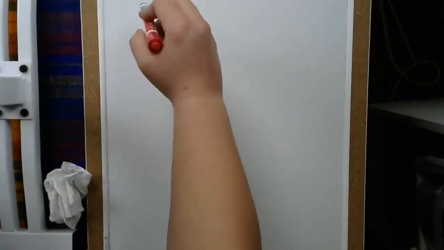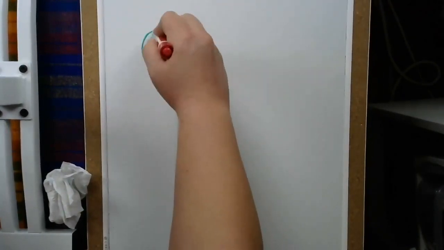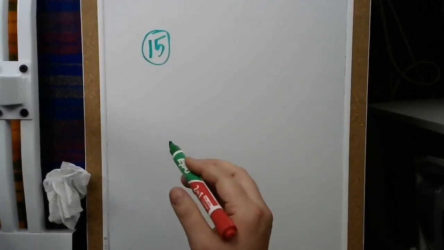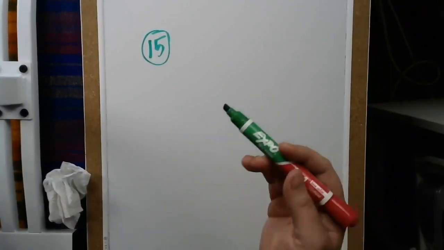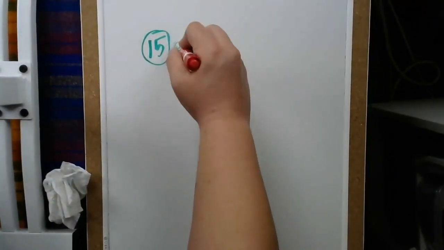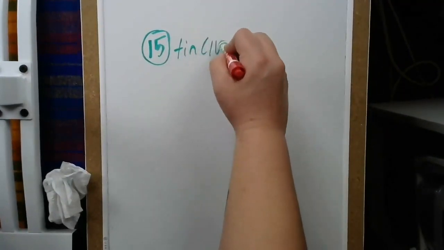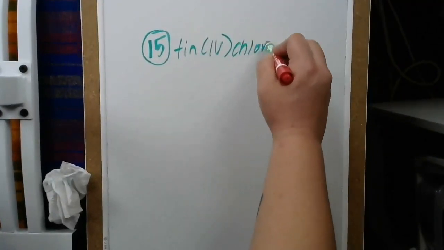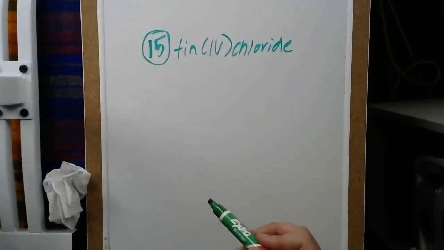Write the formula for each of the following. This is number 15 for people that are keeping track. I'm just going to pick a couple of these ones. Tin 4 chloride.